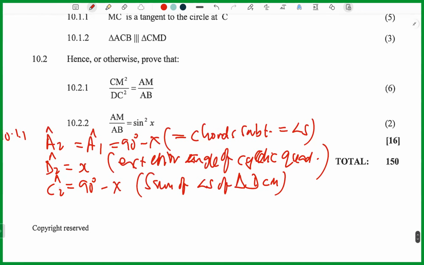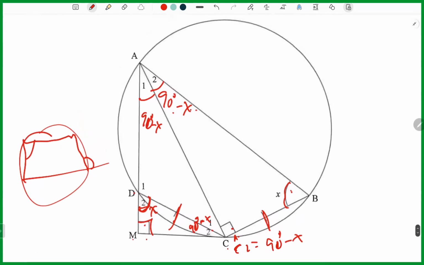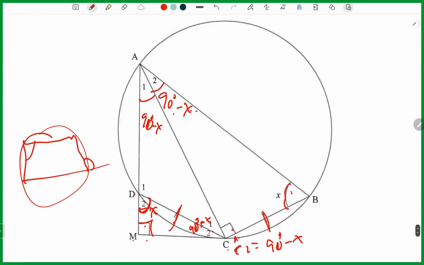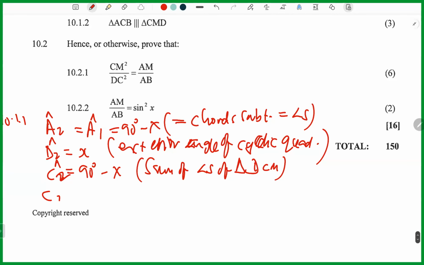Now we have C2 is 90 minus x, but also A1 is also 90 minus x. So the conclusion, therefore, is that angle C2 is equal to angle A1, which is equal to 90 degrees minus x.